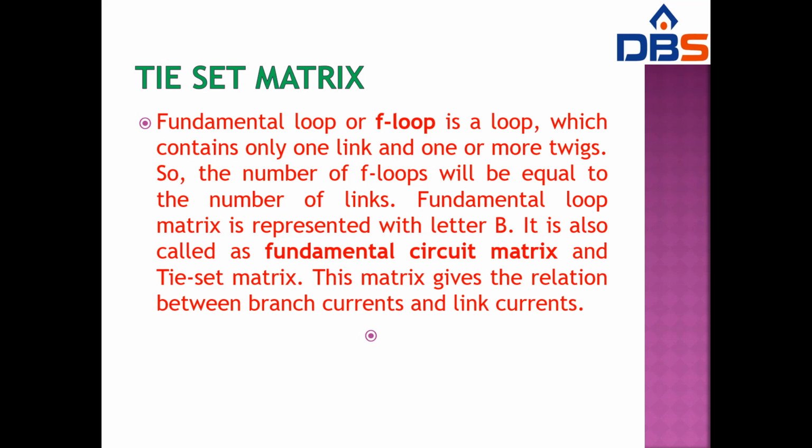When a network is there, if it forms a loop, what is the tree? It connects all the nodes but does not form a closed path. For any loop, only one link must be there, and all the remaining are twigs.